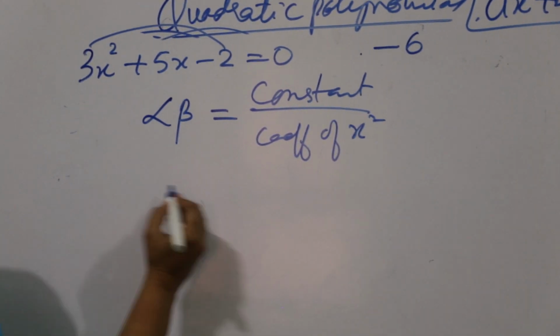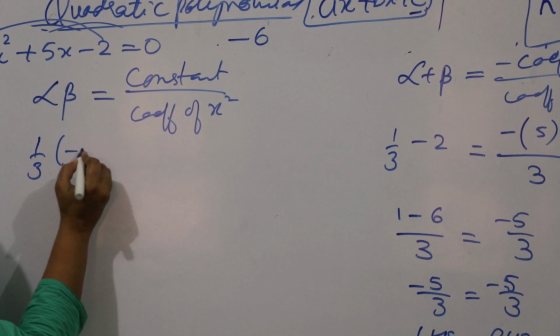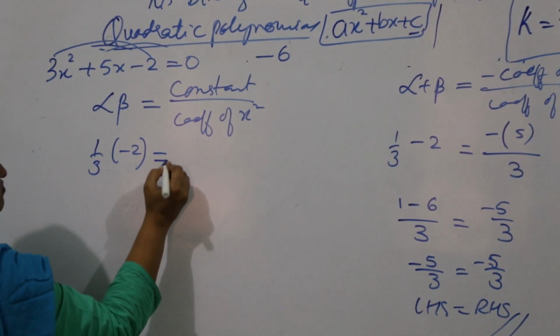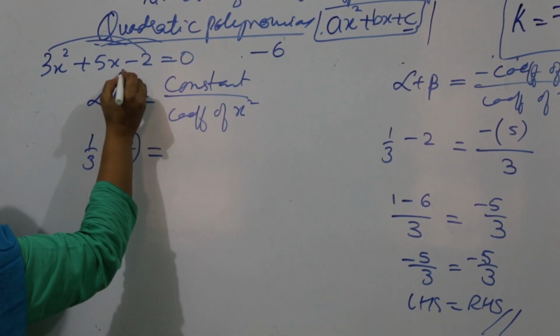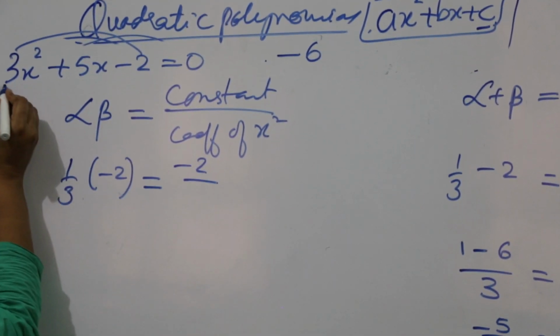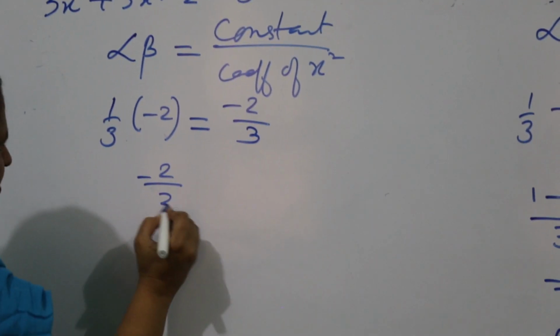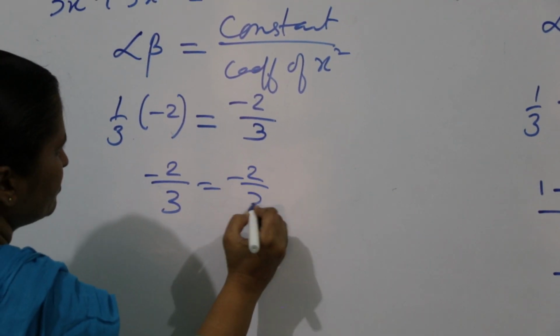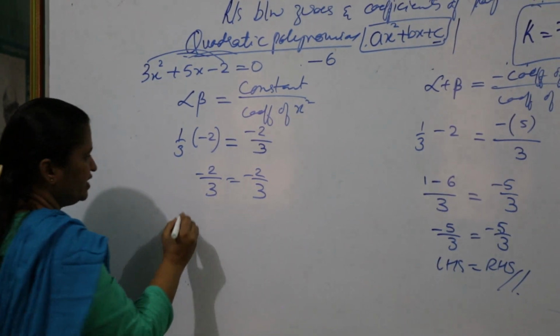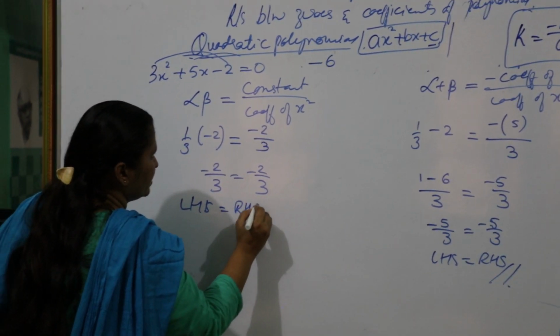So what are the zeros that we have got, children? 1 by 3 times minus 2. What is our constant here? Minus 2. And what is the coefficient of x square? 3. So when you do simplification, you get, right? So LHS is equal to RHS.